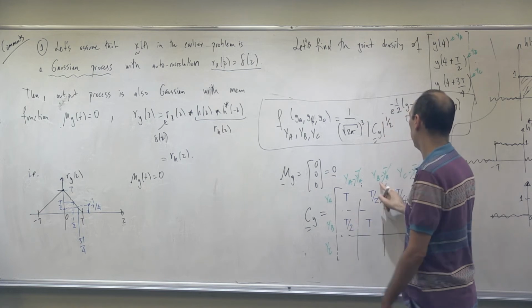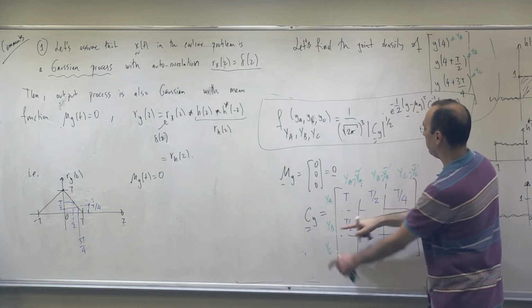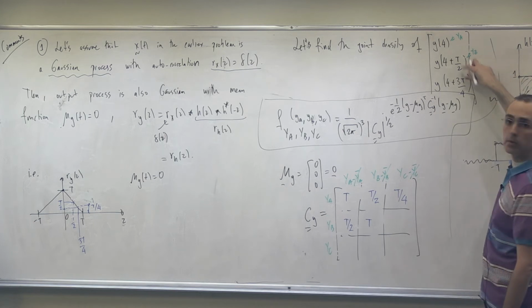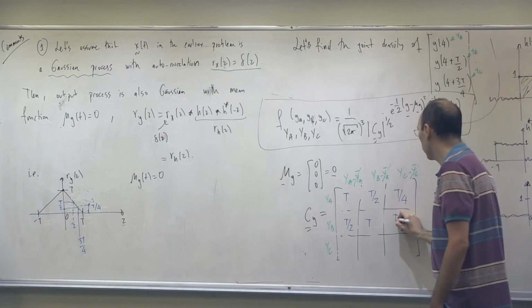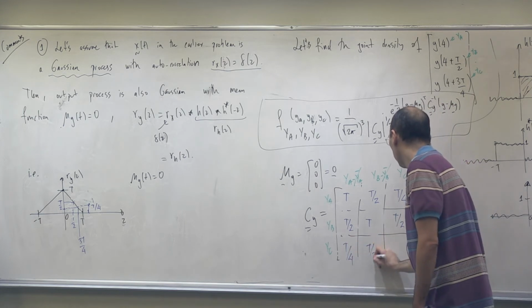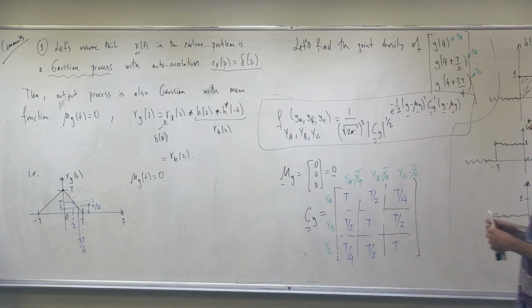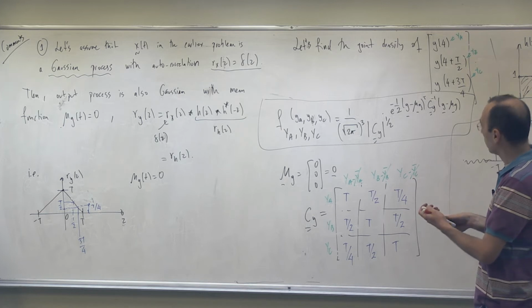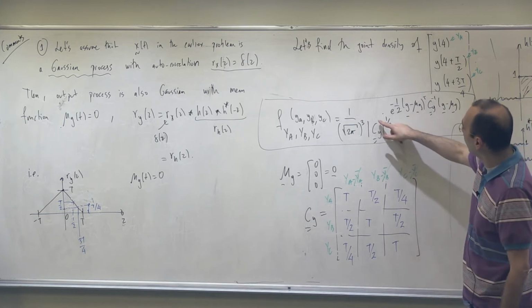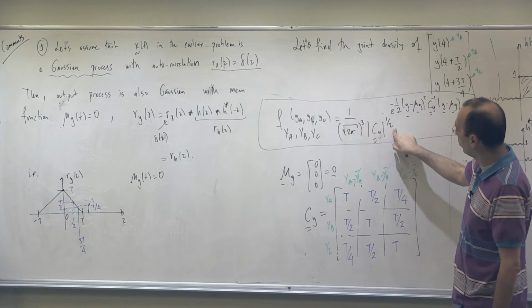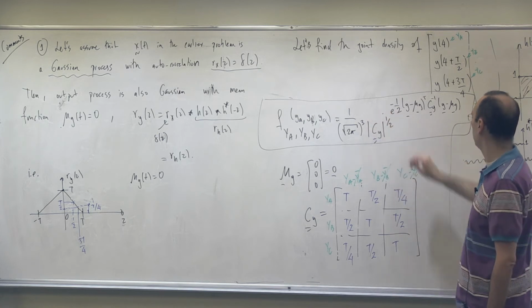This one is B and C, difference is t over 2. Actually, this matrix has a structure, but that's good enough for our purposes. So is this the end? This is the end of this calculation, because now you have this matrix. You can calculate its determinant if you wish. That will be a number over here. Take the square root of that number, another number over there, and so on.